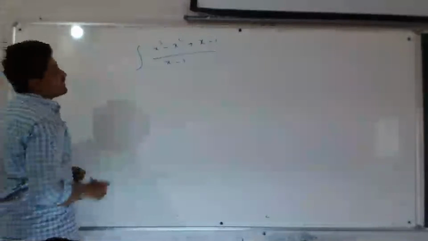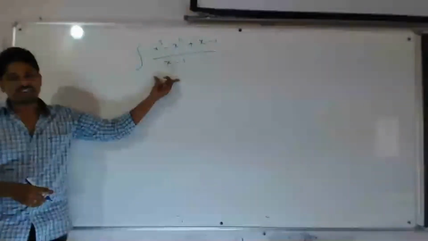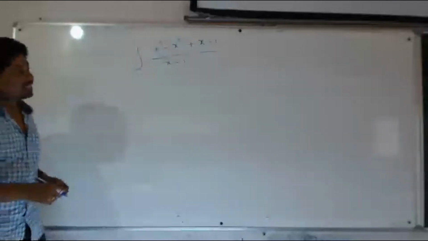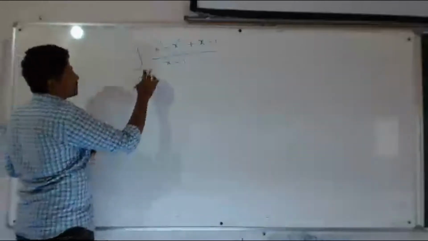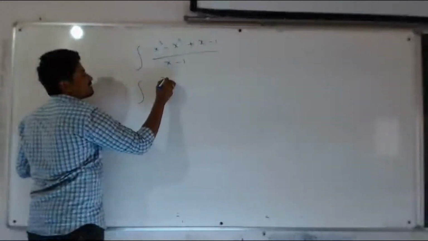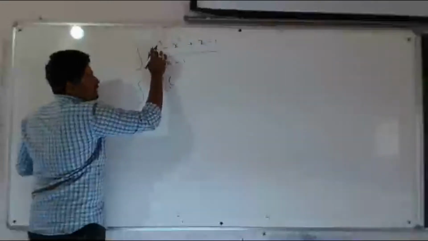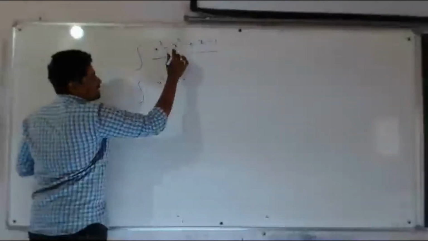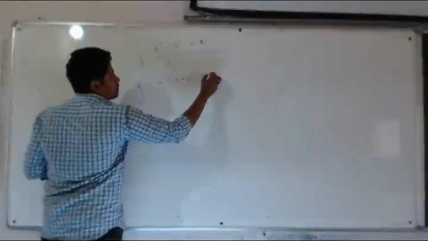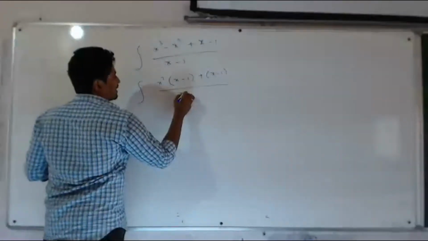See here, before integrating, let us do some algebraic calculation and after that we can integrate. In these first two terms, we can take x square common. If you take x square common between these two terms, we will get x minus 1 here, plus x minus 1 upon x minus 1.